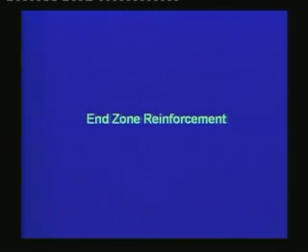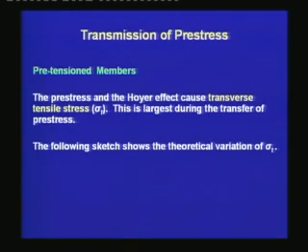Next, we are moving on to the design of the end zone reinforcement. The prestress and the Hoyer effect cause transverse tensile stress, which is denoted as sigma T. This is largest during the transfer of prestress.